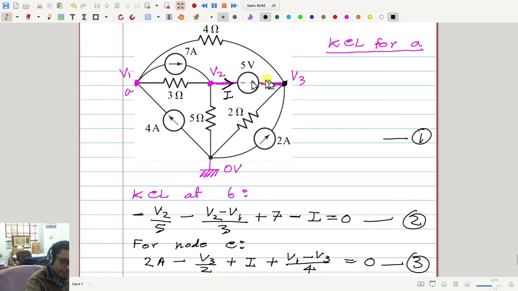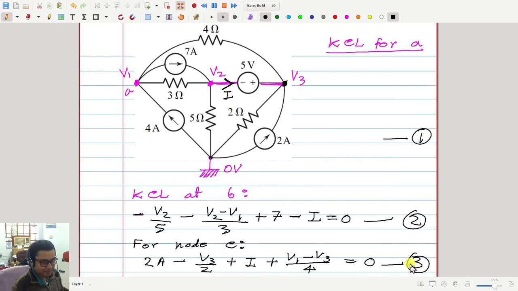Because 3 voltages V1, V2, V3, but this current I is also an unknown. Because of this particular configuration, we got one extra unknown current, but we got 3 equations. So how can we solve it?